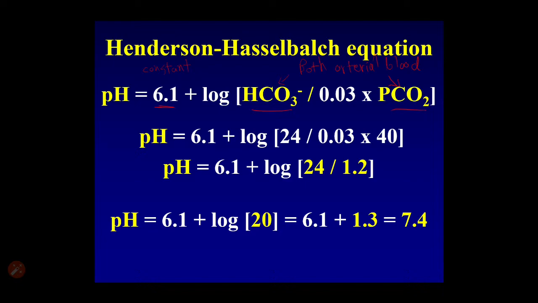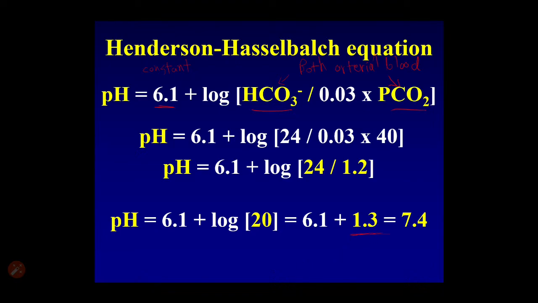So if I want to correct the problem, again, we're talking mathematically, but you can gain a lot from knowing a little math. If I want to correct the problem, all I'm trying to do is bring this number back to 1.3. That's it.